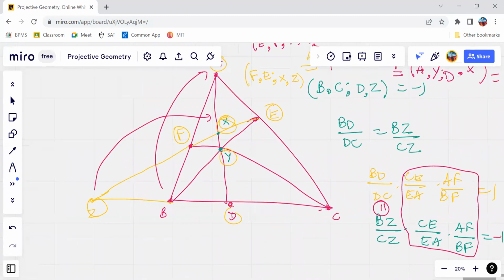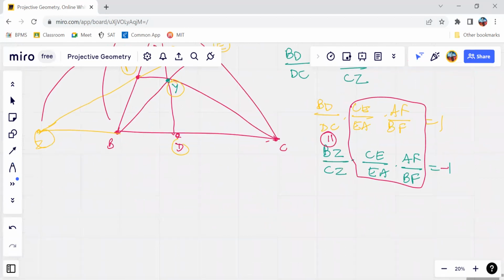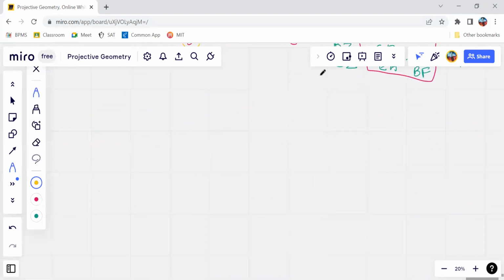Okay, right. So next, this is also a very common place where harmonic stuff comes up. So let's do this. You have this 90-degree angle, and you have this.